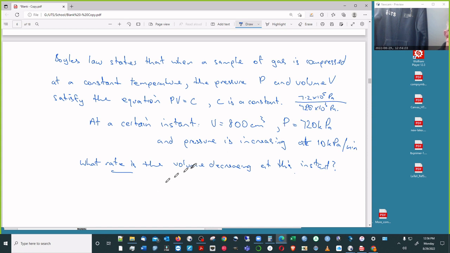Okay, so it feels like you're in physics again. The volume is 800 centimeters cubed. And if we convert that to meters, we're going to get 8 by, so centi is 2, isn't it? Minus 2.